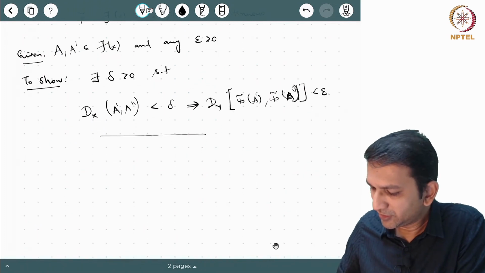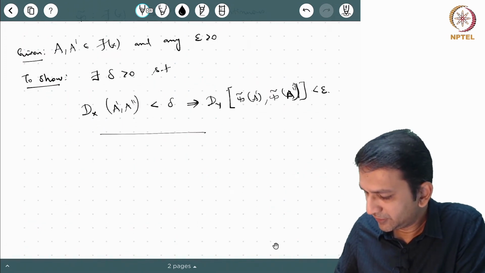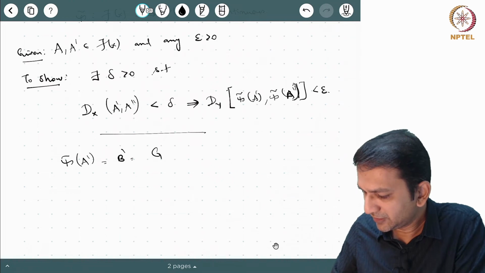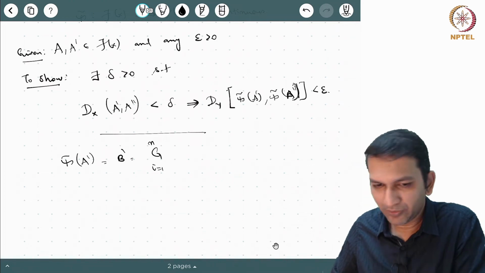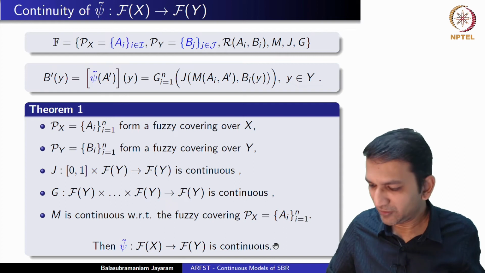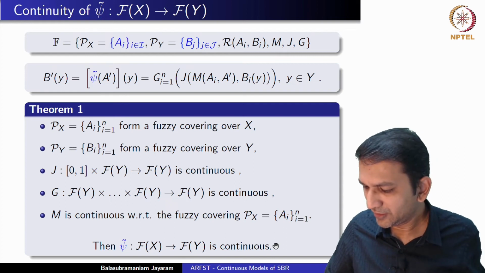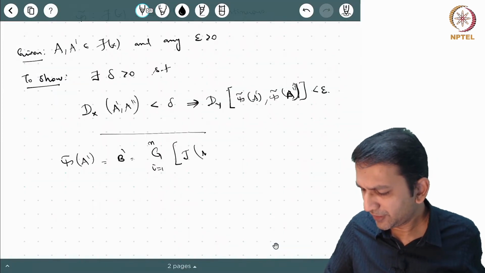Let's look at what is the form of B dash itself. If you are given A dash, psi tilde of A dash is B dash. Now this is given as G over i equal to 1 to n of J of M of Ai comma A dash comma Bi. So this is the formula that we have finally for psi tilde.